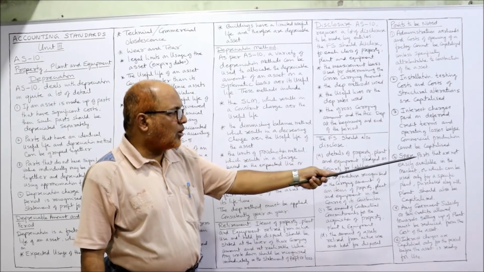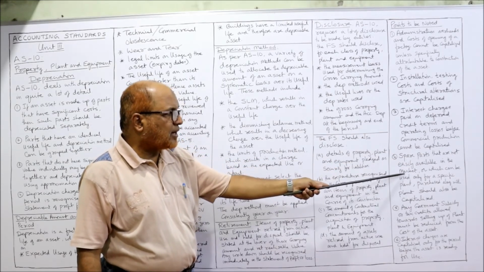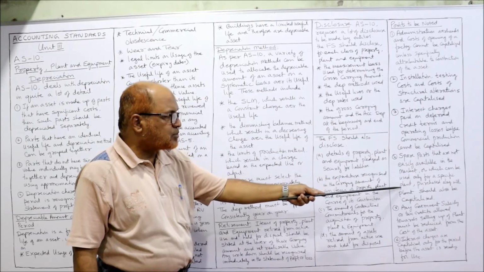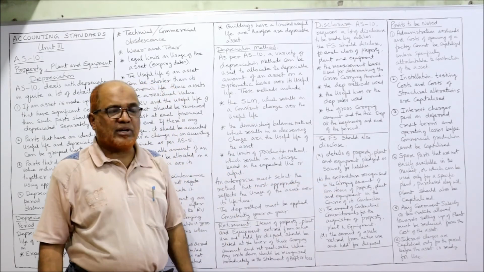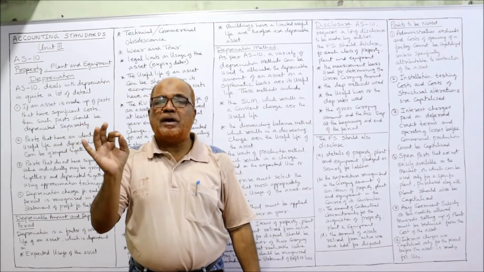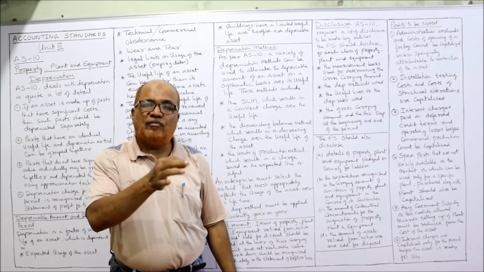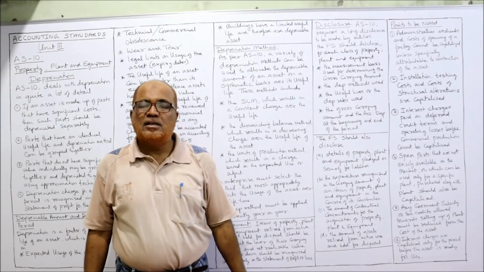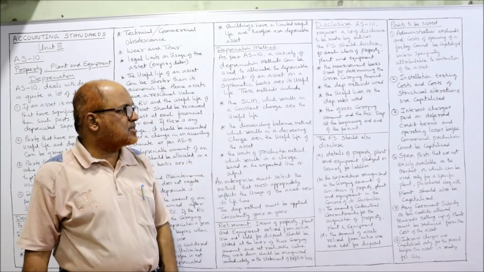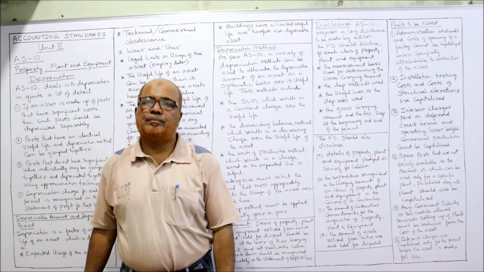Next one, spare parts. Spare parts that are not easily available in the market or which can be used only for a specific plant, purchased along with the plant, should also be capitalized. Normally spare parts are an item of inventory. They should not be capitalized, but sometimes spare parts are not easily available.